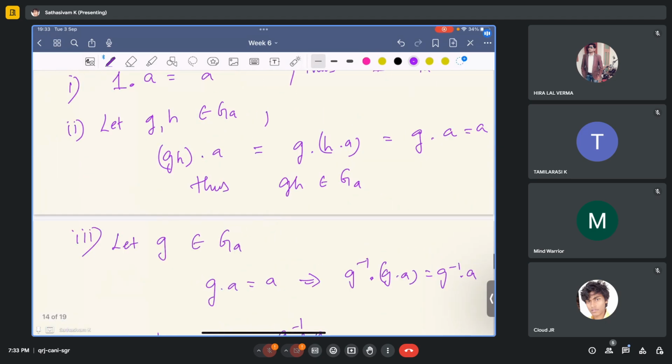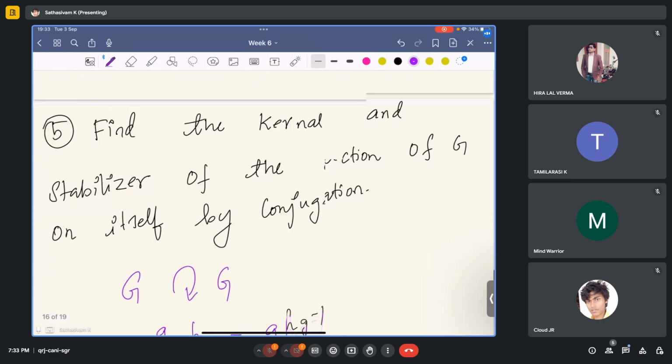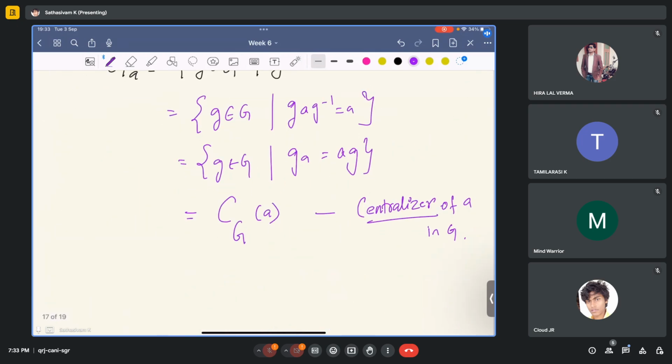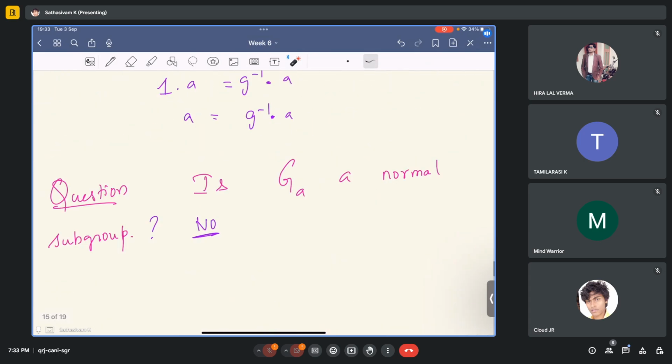See, basically, if you want a counterexample, you have seen here, right? Under conjugation, the stabilizer is basically the centralizer. So you can directly look at some group, take an element, look at the centralizer and then try to prove this centralizer is not a normal subgroup. Something like that you can do.